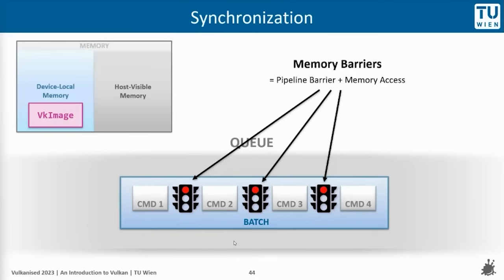Is it possible that the second command queue can already access finished parts of command Q1? Yes, I think you can specify for every image memory barrier the region. Maybe the layers, or I think even the regions within one image. So you can specify this in very fine detail. So yes.